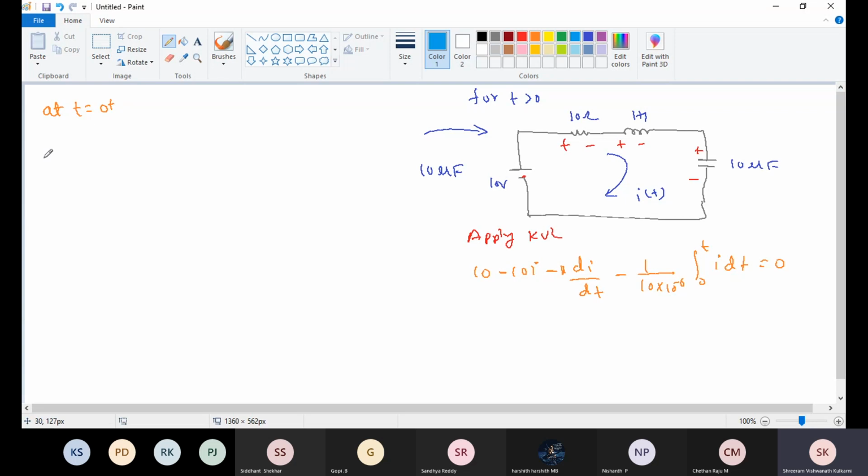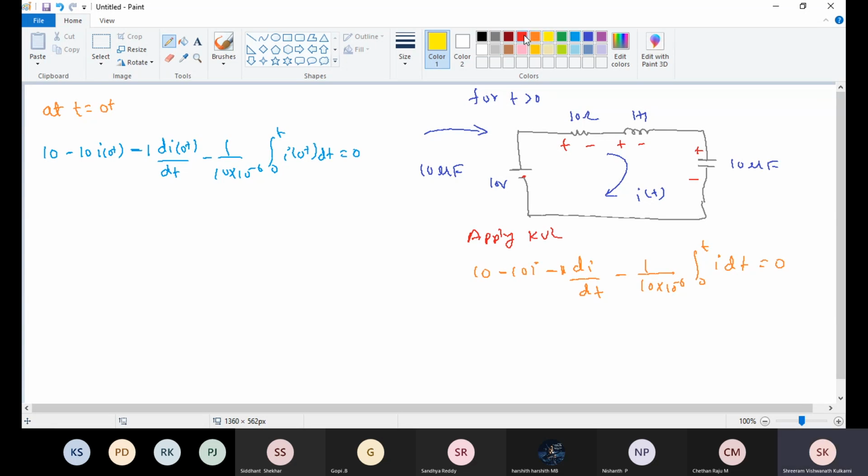10 minus 10 i(0+), then 1 di(0+)/dt, then minus 1/(10 into 10 raised to minus 6) integral from 0 to t of i dt, equals 0. Now we know i(0+) is 0, we have calculated.